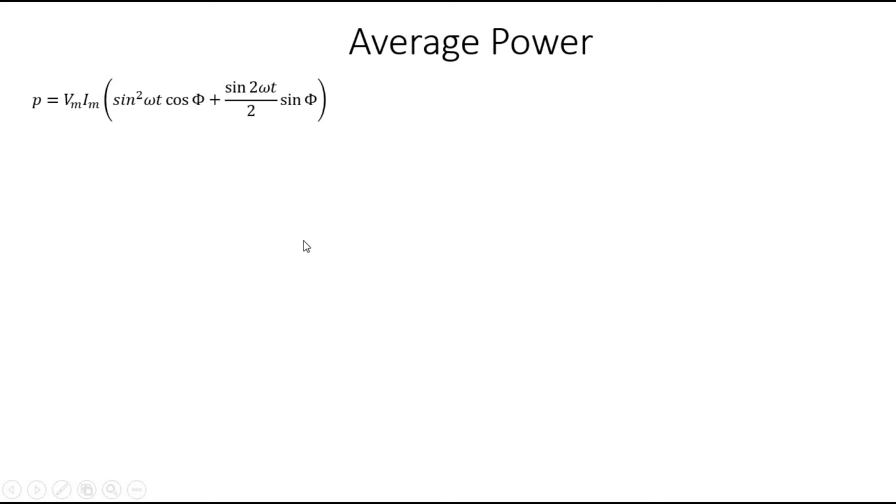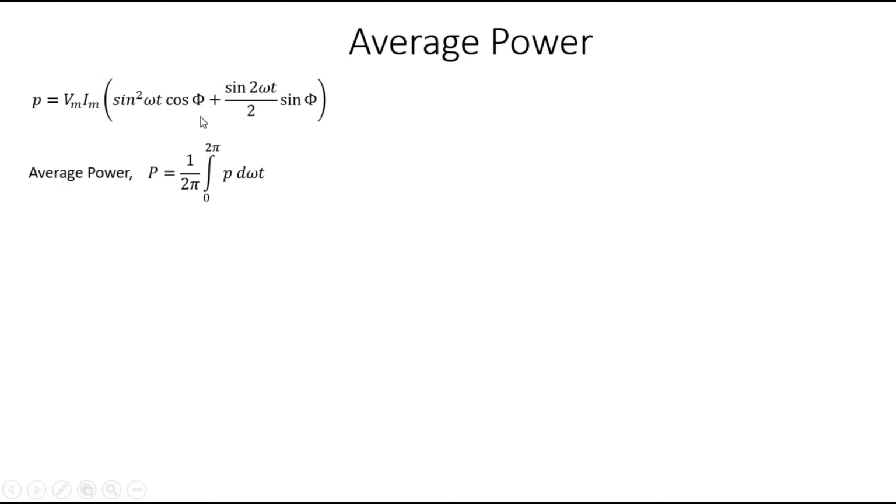If we have the instantaneous power, we can find the average power by integrating over a time period. The time period is 2 pi, so we can integrate 1 by 2 pi, integral 0 to 2 pi, which will give the average power.